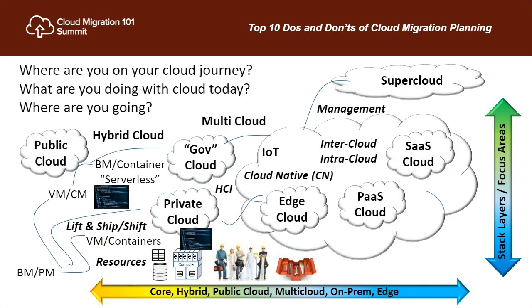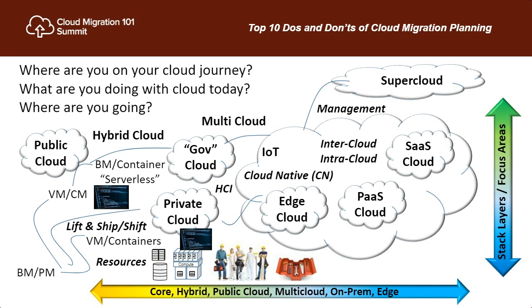So part of having a plan is, where are you currently today on your cloud journey? What are you doing with cloud today? Are you already all in, and your cloud migration is going to be going from Cloud A to Cloud B or Cloud C, or from AWS to Azure to Google or somewhere else? Where are you going? What are you doing?